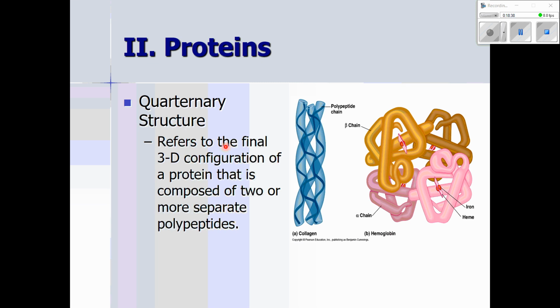This refers to the final three-dimensional configuration of a protein, a really large protein like this, that is composed of 2 or more, and see, it can be 4 in the case of hemoglobin, separate polypeptides that are sort of pieced together like the pieces of a jigsaw puzzle to make the one functional protein.